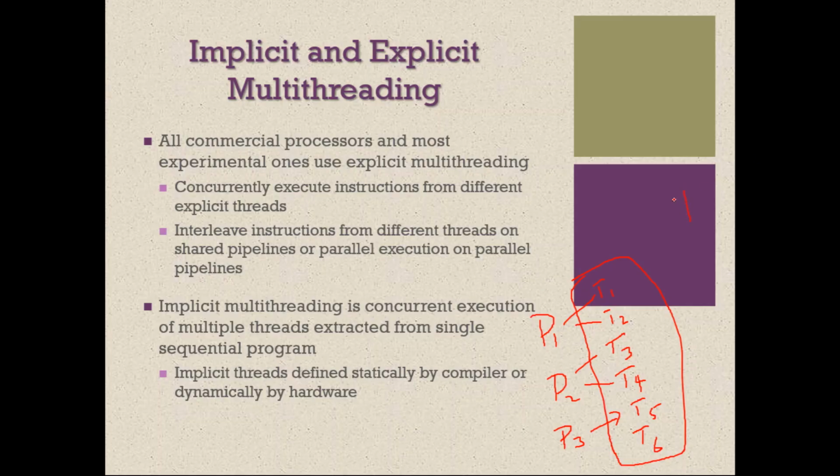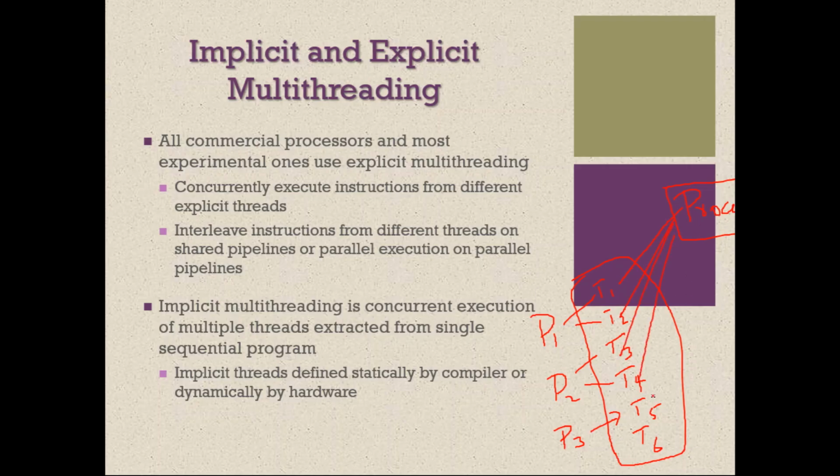So the processor will context switch. Currently we are assuming only one processor, but we may have more than one processor; all those things we will discuss later. The processor will first execute T1, then after some time context switch to T2, then T3, then T4, T5 and T6, and so on.